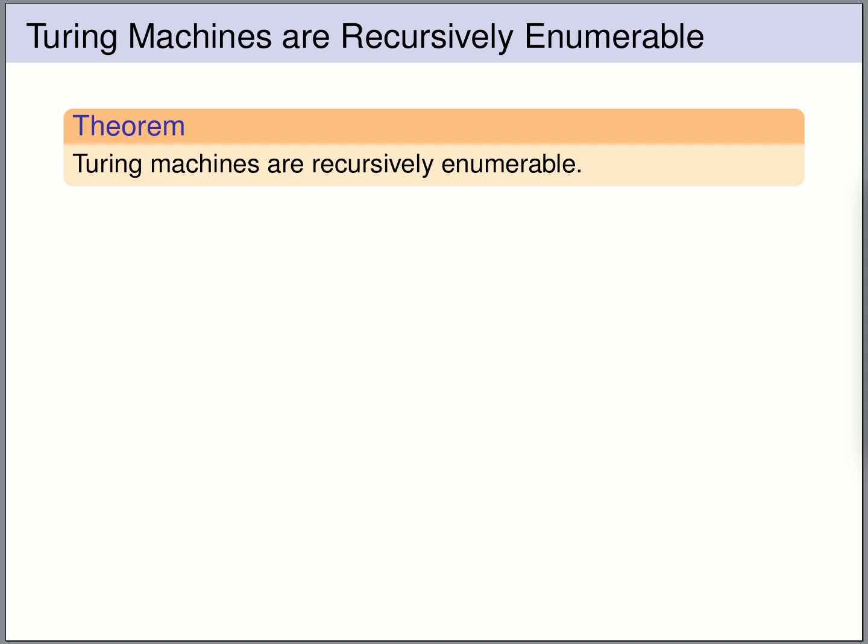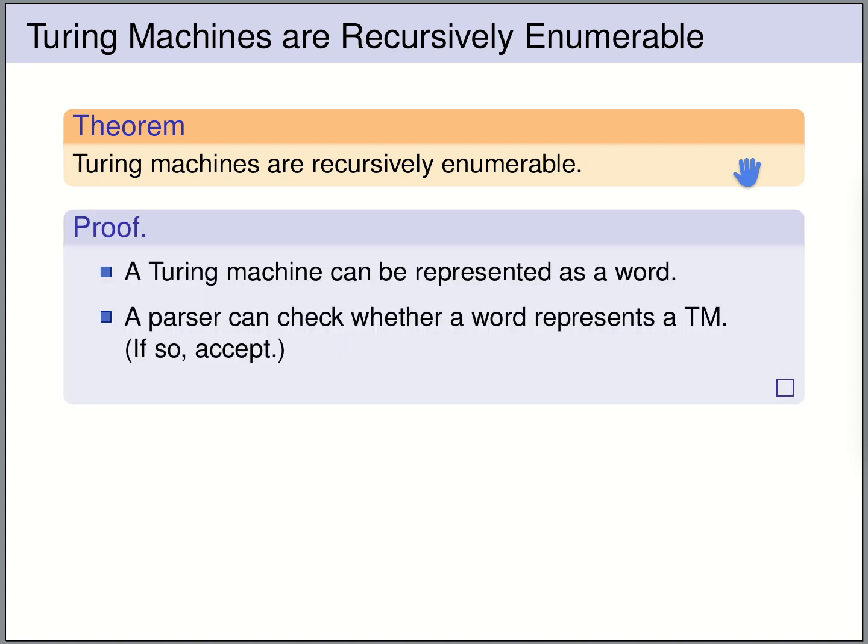The set of all Turing machines is recursively enumerable. Formally, we mean here that the set of words describing Turing machines is recursively enumerable. We've already discussed that every Turing machine can be described by a word. So why is this set recursively enumerable?